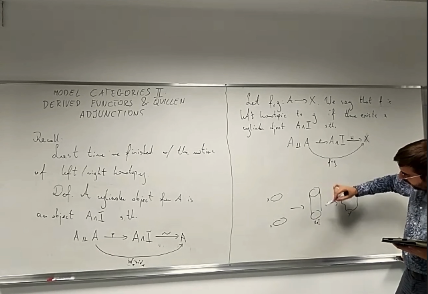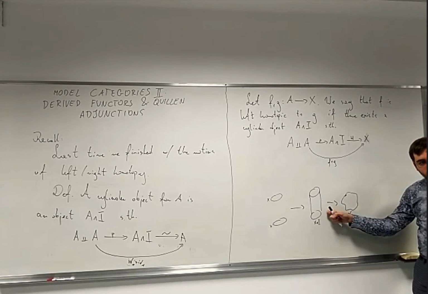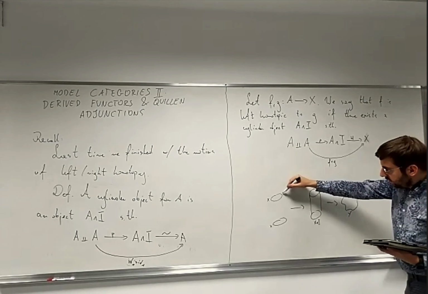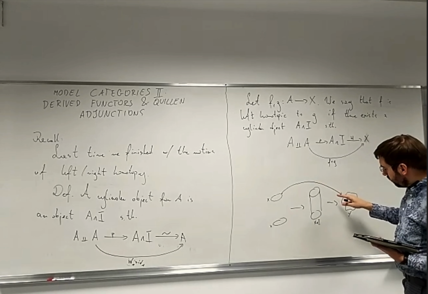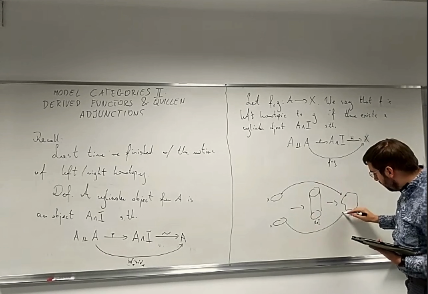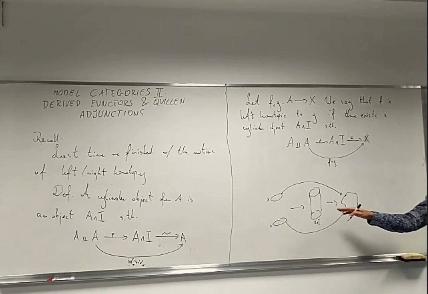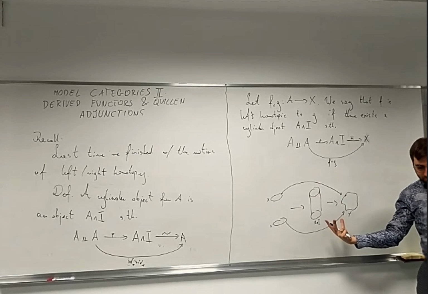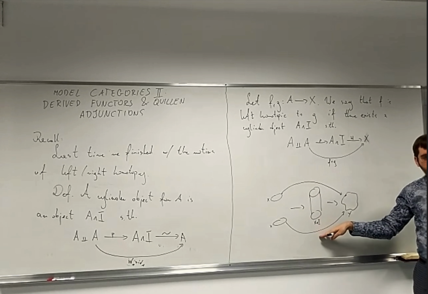A homotopy is a map from the cylinder object, so X cross the unit interval in this case, such that if I go via the 0 inclusion, I obtain the map F, and via the 1 inclusion, I get the map G. So what is this definition doing? It is generalizing and making abstract notions out of this idea.